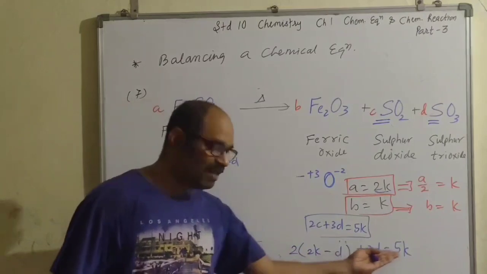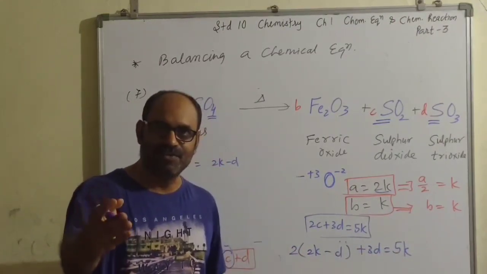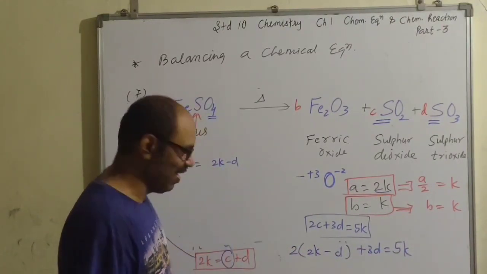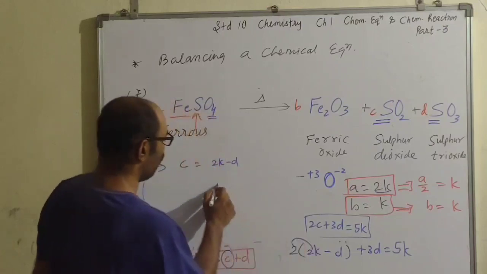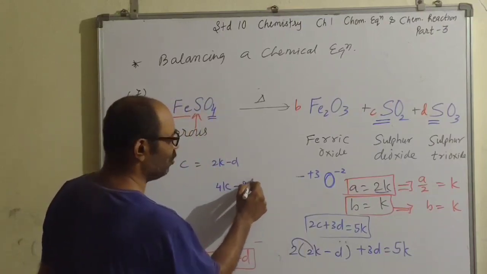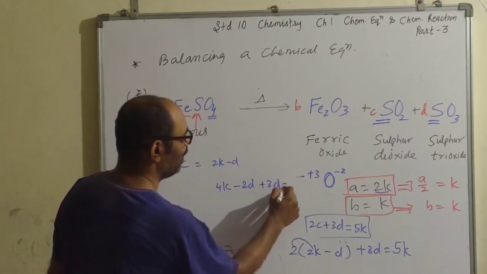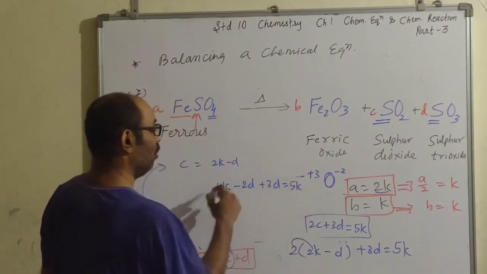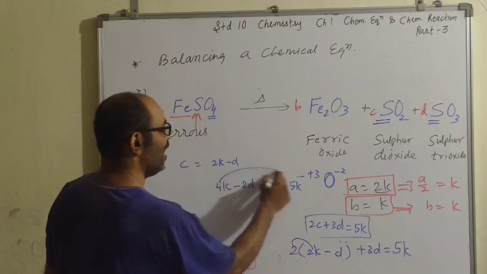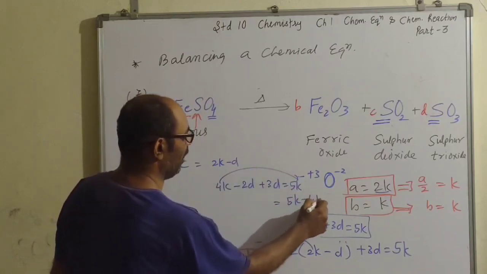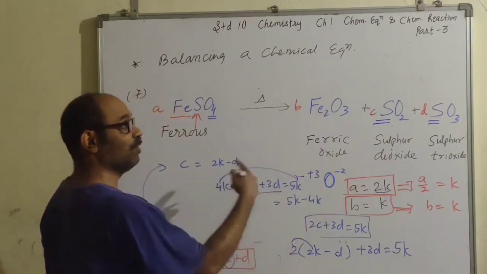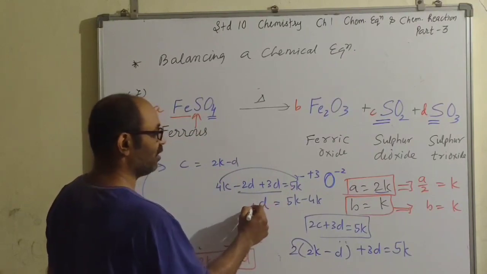C गायब. इसमें सिर्फ D और K. So this is going to give you the value of D in terms of K. चलिए डिस्ट्रीब्यूट करो. 4K minus 2D plus 3D is equal to 5K. चलो. 5K minus 4K and this minus 2D plus 3D, that is plus D.